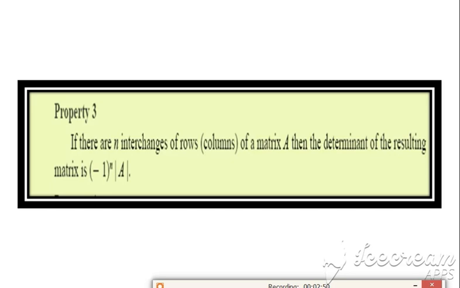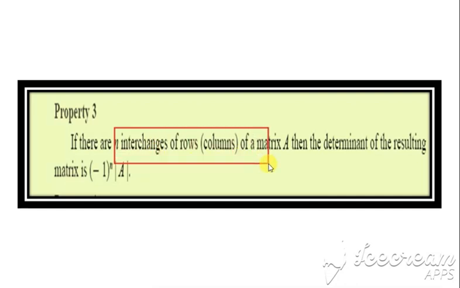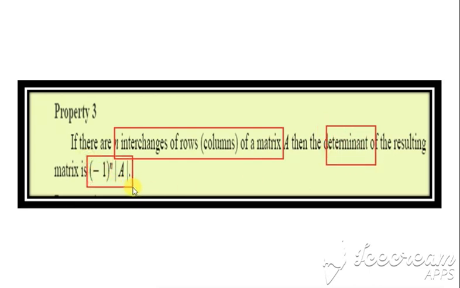Now we are going to see property number 3. If there are n interchanges of rows or columns of a matrix A, then the determinant of the resulting matrix is minus 1 to the power n times determinant of A. So if we interchange one row, R1 with R2, we get a negative sign.